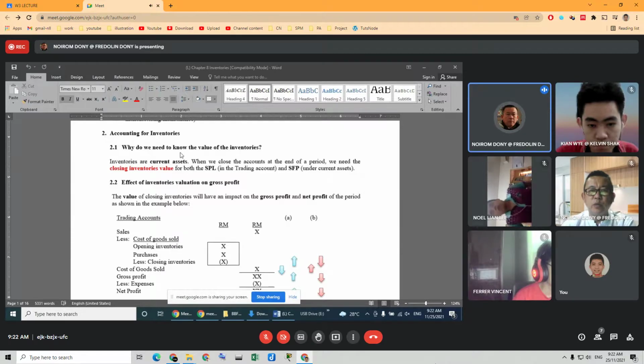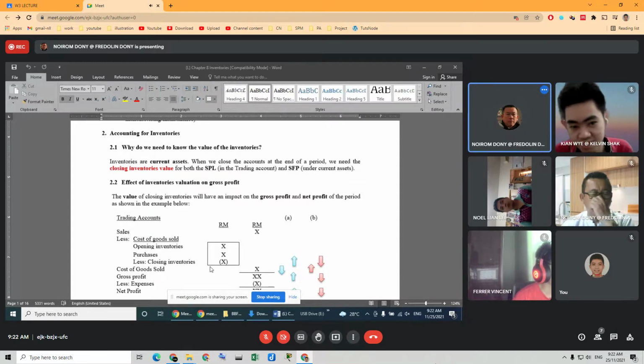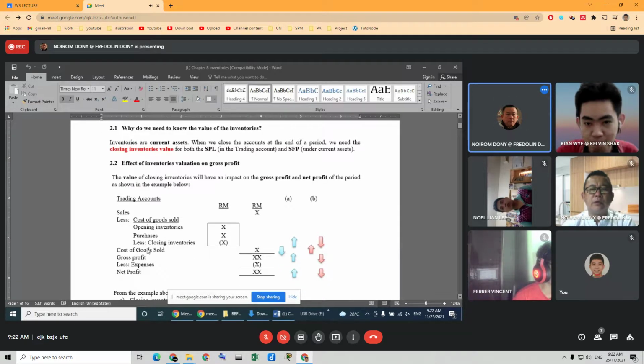Because we need this value in your financial statement, profit or loss, and statement of financial position, and we need to understand the effect. Because in the formula, opening inventory plus purchases less closing inventory, if we use higher, it will cause the gross profit together with the net profit to be high.